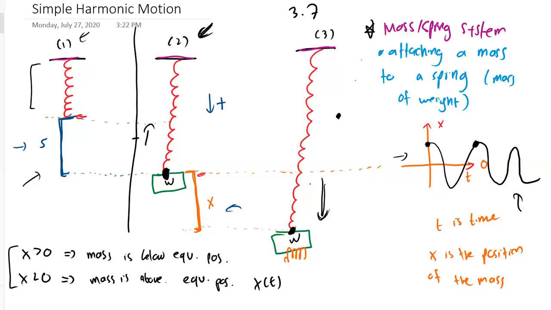We stretch the spring s units, so the restoration force is S times K, and since it's going upward, it's negative SK. We know, since we're at equilibrium in diagram 2, that has to be equal to the weight of the object. What's the weight of the object? It's 9.8 times m.